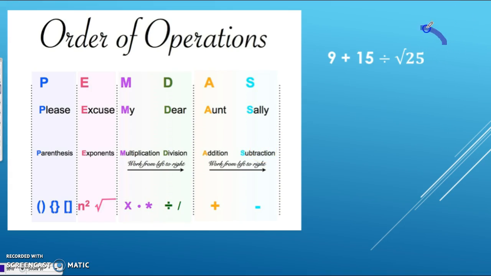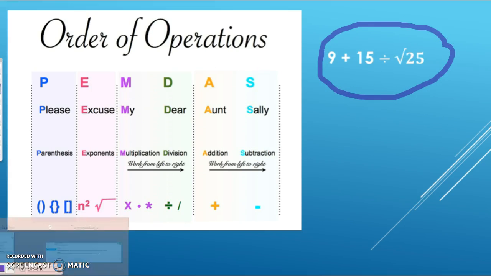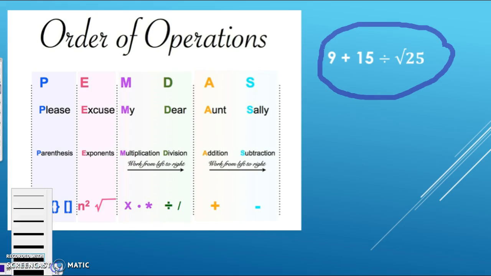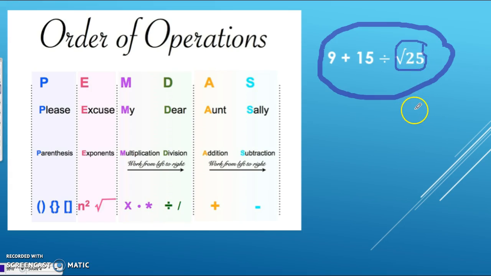As we look at this example, you're going to see that we don't have any parentheses, but we do have exponents. In this case, exponents is referring to this piece right here. The square root of 25 is 5. So now we can look at this expression as 9 plus 15 divided by 5.